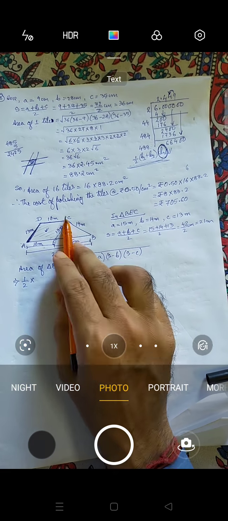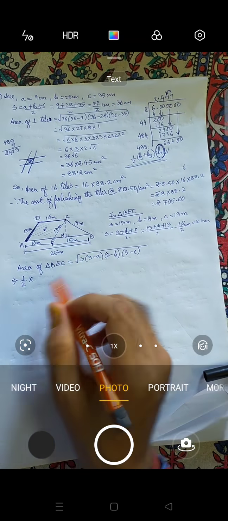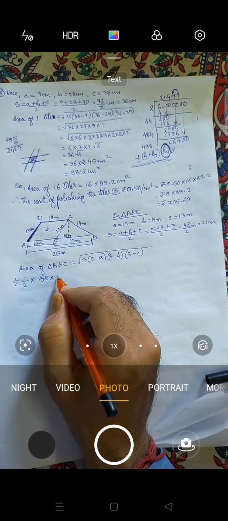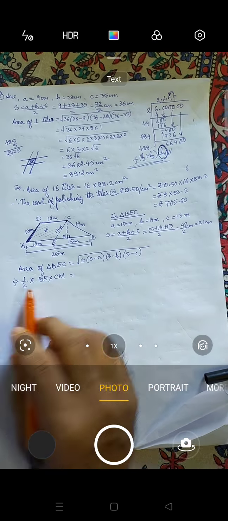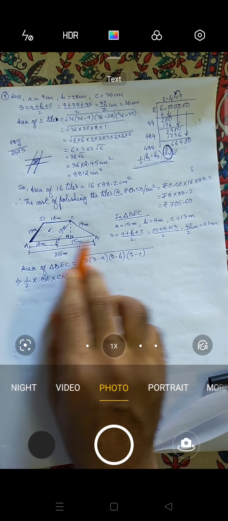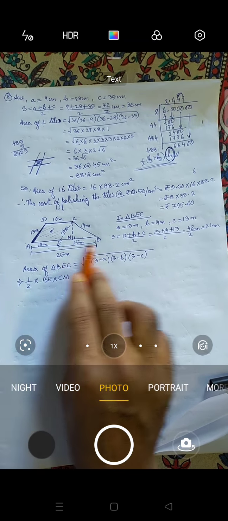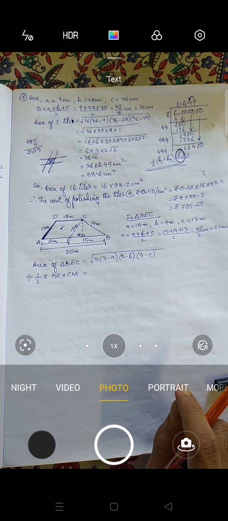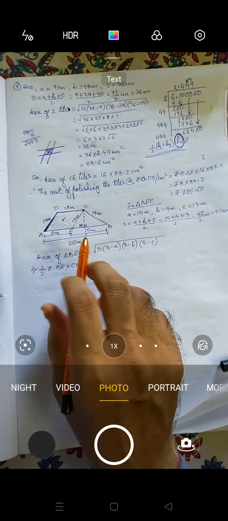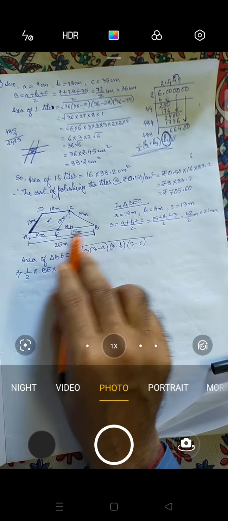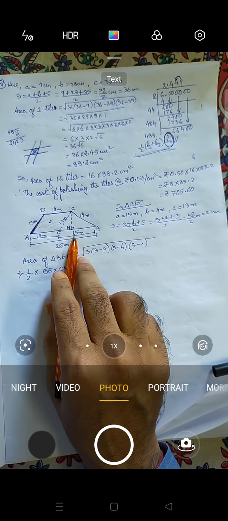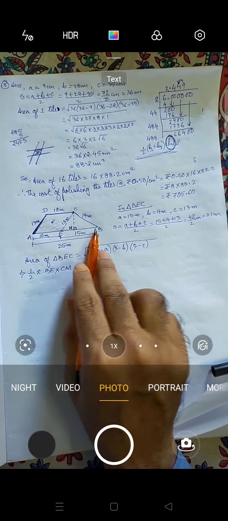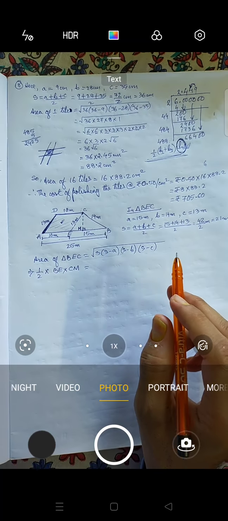Now this is the triangle, so the base is this one, that means BE, and the height is this one, that means CM. So the area of triangle BEC can also be written as half into base into height. Understood or not? We know the base and the height, so we can write half into base into height. Base is BE and height is CM. Understood or not?